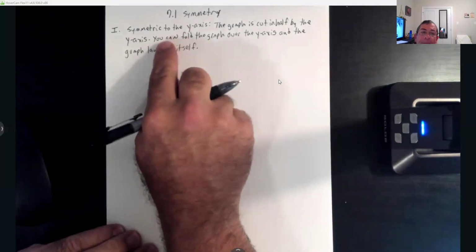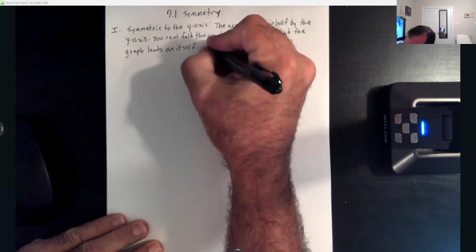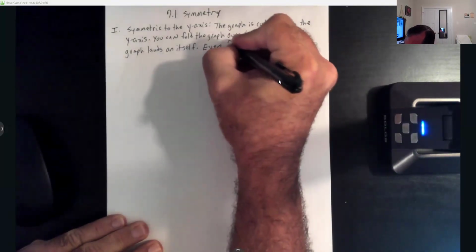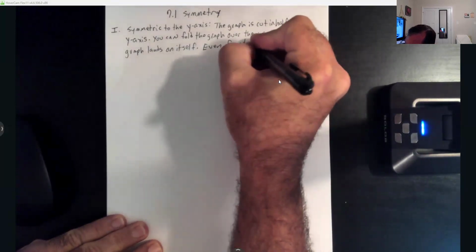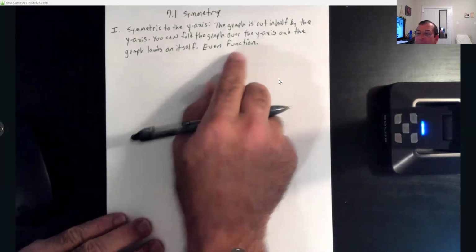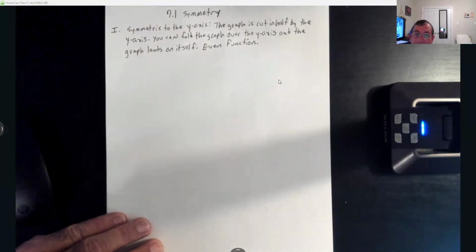Now, if a graph is symmetric to the y-axis, we say this is an even function. And what that usually means is that the largest exponent of the function is an even number, okay?